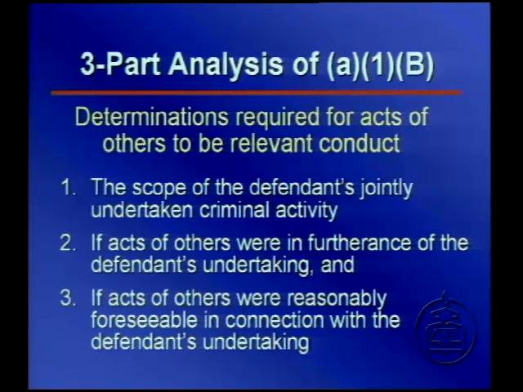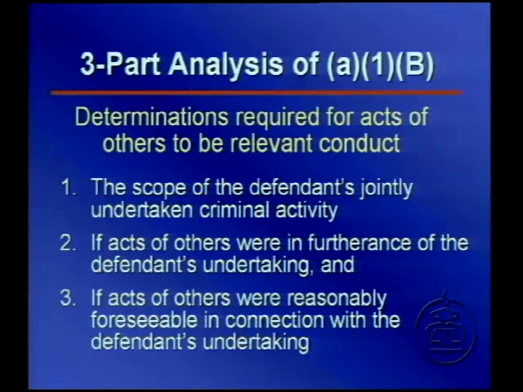The first determination that has to be made is that the court has to determine what the scope of the defendant's jointly undertaken criminal activity is. Secondly, after determining that scope, the court has to determine if those acts of others were in furtherance of that jointly undertaken criminal activity. And finally, are those acts reasonably foreseeable in connection with the defendant's undertaking into the jointly undertaken criminal activity?